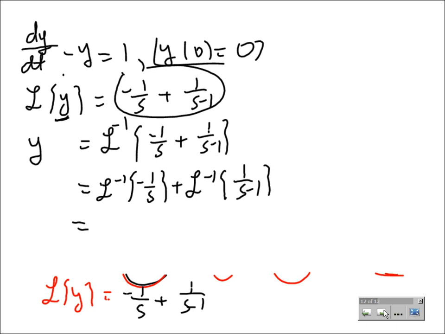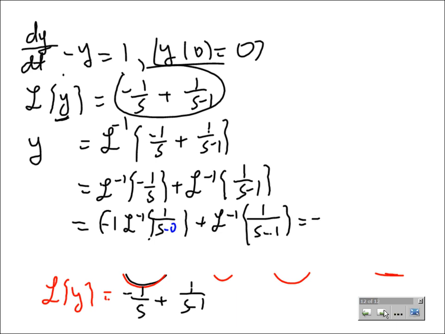In the first fraction, I'm going to factor out the negative sign if you prefer, and I get 1 over s. Remember, s is the same as s minus 0, plus L inverse of 1 over s minus 1.